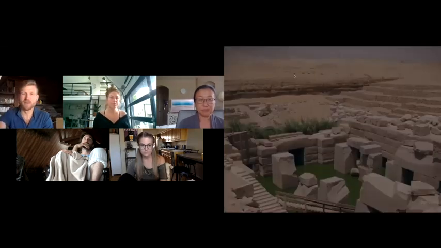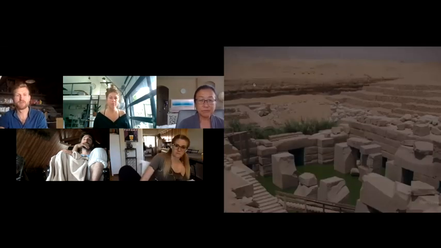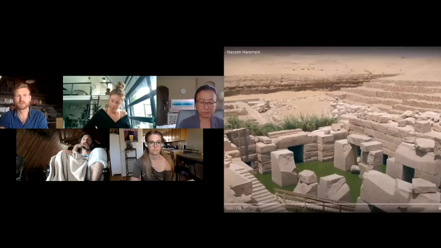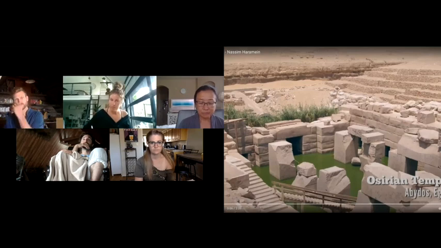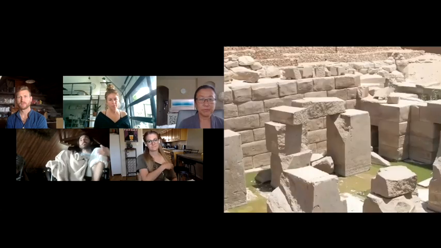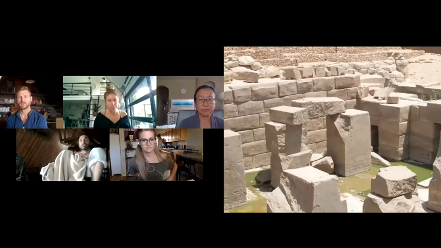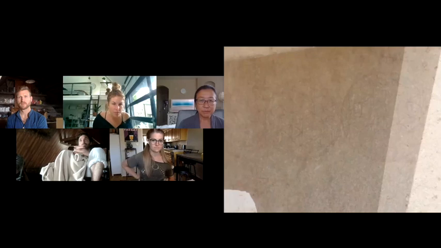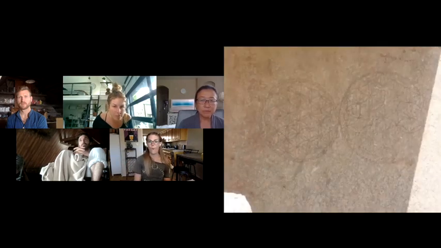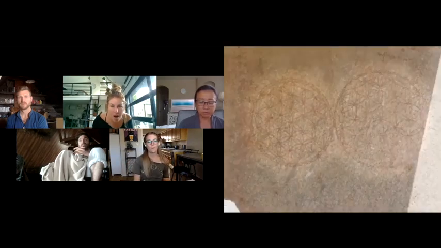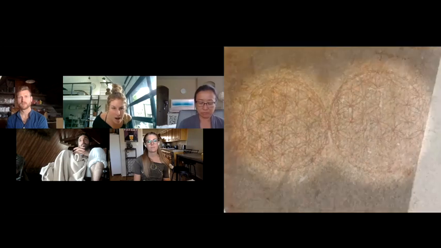Here we are at one of the world's oldest sacred sites, the Osirian Temple at Abydos, Egypt. Very little writing is found in the Osirian Temple. However, there is one very significant piece of information in that temple. It is a very faint but clear and precise drawing. It's not etched into the rock, it's not carved, it's burnt into the atomic structure of the rock in some extraordinary way.